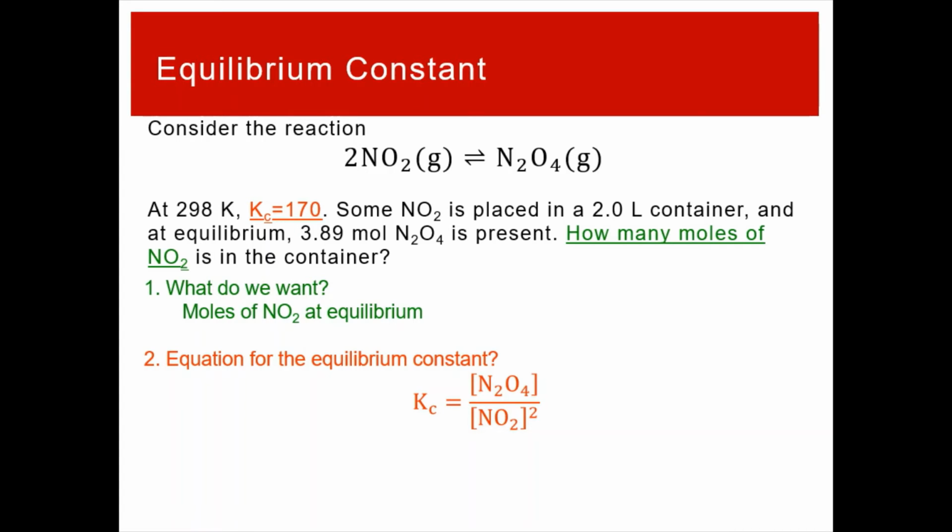It's on the bottom of the fraction. And the coefficient 2 becomes an exponent. So then what I want is this amount of NO2. So Kc I have a value for, and I can compute my concentration of N2O4. We do want to note at equilibrium. So we can compute those, solve, get our information for the concentration of NO2.